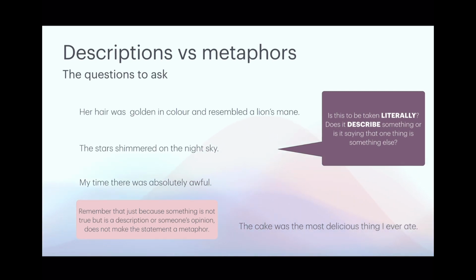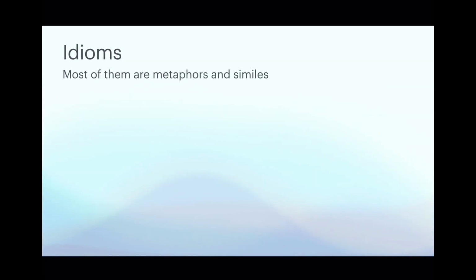If I say the cake was heaven, that's a metaphor. But over here, I'm not saying that it was something else. So it's just a description. Delicious. It's an adjective.